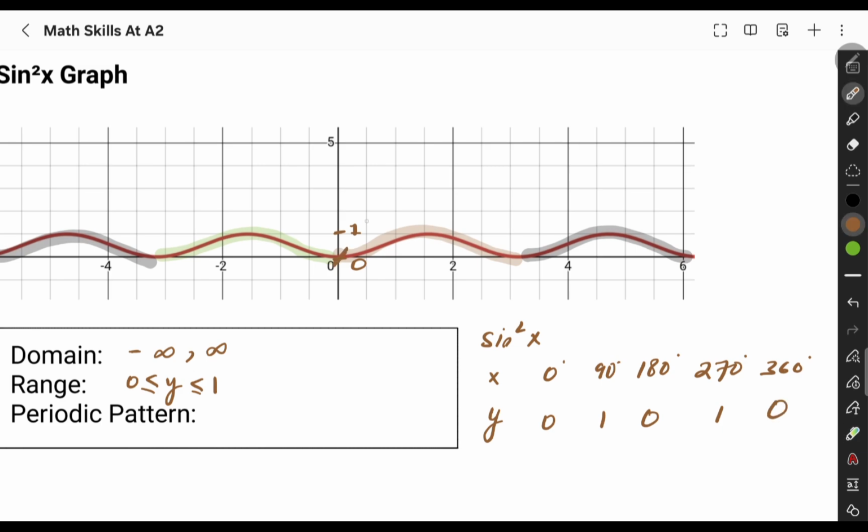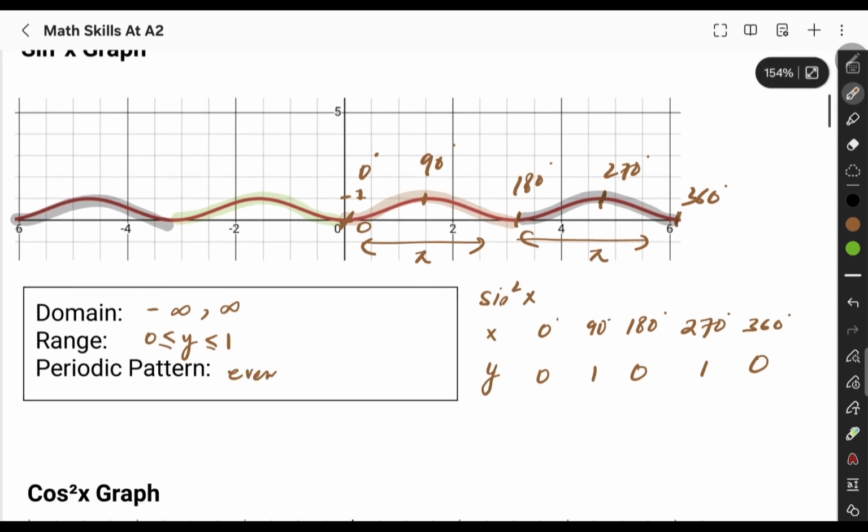So this is 0 degrees, this is 90 degrees, this is 180, this is 270, and this is 360 degrees. You can see that the pattern repeats every 180 degrees. So 180 or pi, every pi it repeats. Right, so every pi radians.